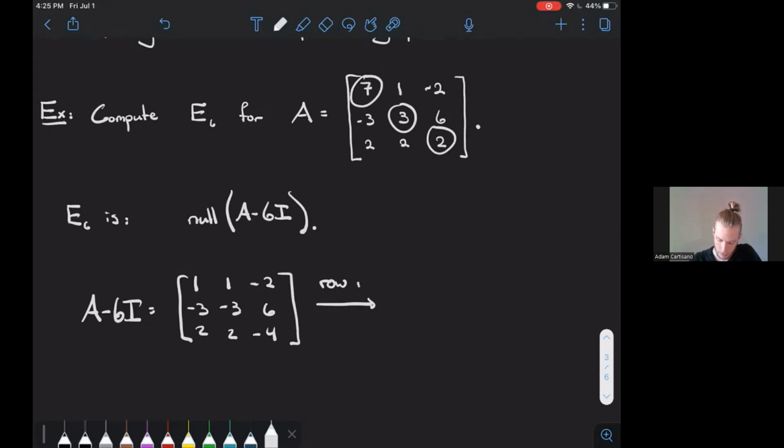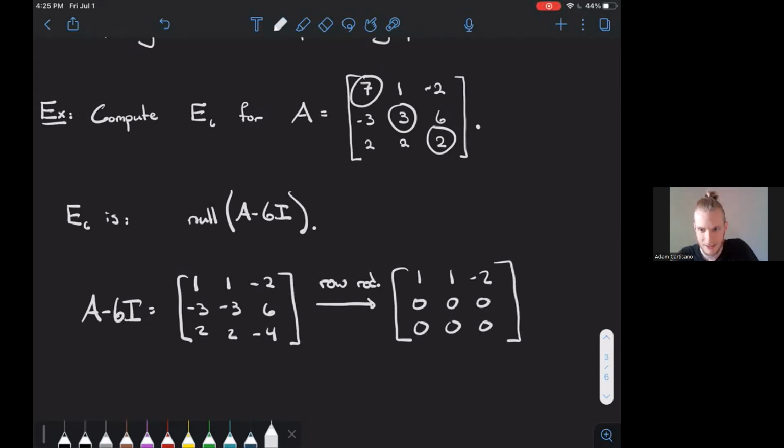So row reduce, and you get the first row. Okay, notice, I'll just say it. The second row is just negative 3 times the first row, and the third row is just 2 times the first row. So 1, 1, negative 2. You don't even have to check, you just have to squint at it. Both of those rows are gone with 2 row reduction steps. Great.